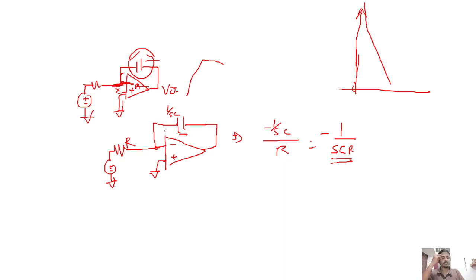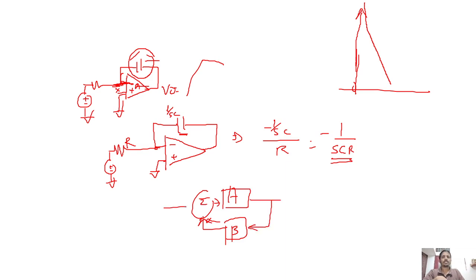I think the problem is you are mixing up the frequency domain and the feedback, right? Yes, I now understood. Till now we have considered A of s and beta as some constant. If beta is a constant, definitely it depends upon whether beta is positive or negative.